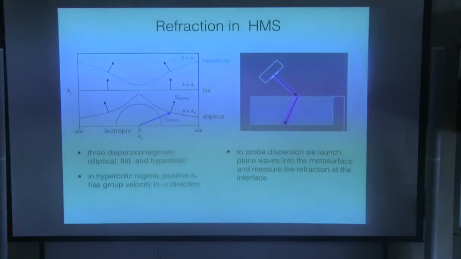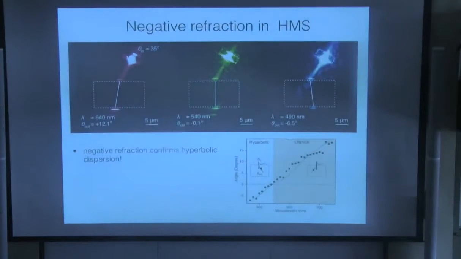So in fact, we do these measurements where we launch plasmons into the metasurface. The metasurface is this region indicated by the white rectangle here. What we see is that at the longer wavelengths, in the elliptical frequency regime, there is some refraction when the plasmons enter the surface, but not negative refraction.